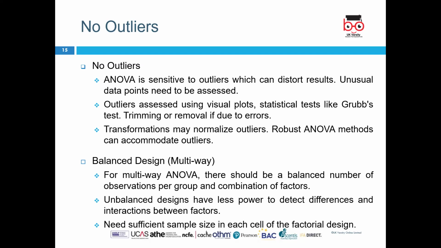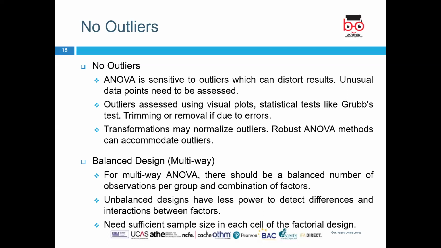The outliers are assessed using visual plots and statistical tests like Grubbs test. Trimming or removal can also be considered if the outlier has been included due to error. Data transformation can also be done to normalize the outliers. For example, robust ANOVA methods can accommodate outliers.